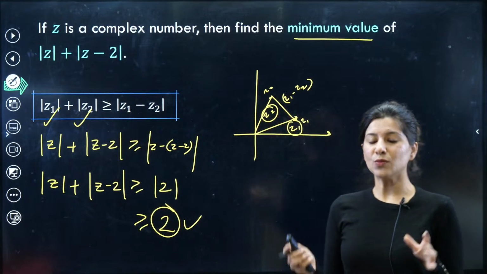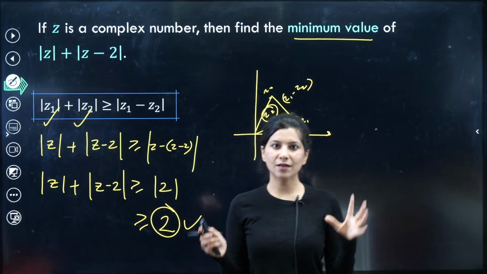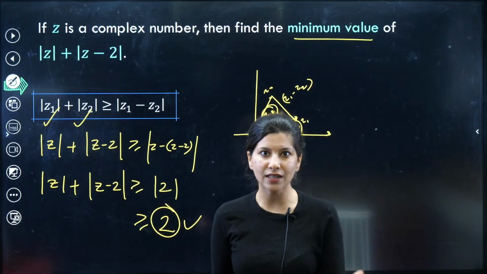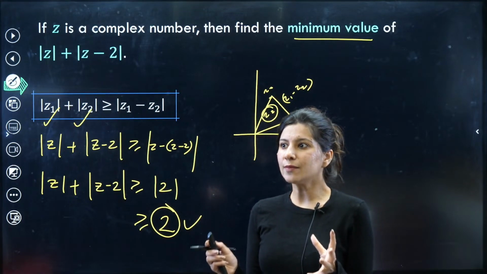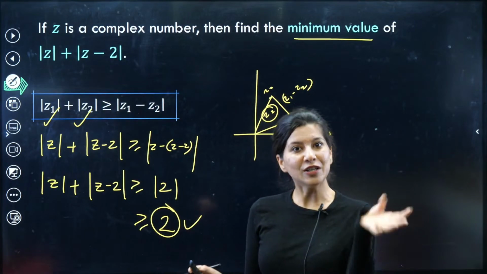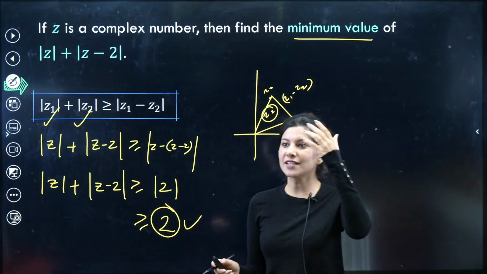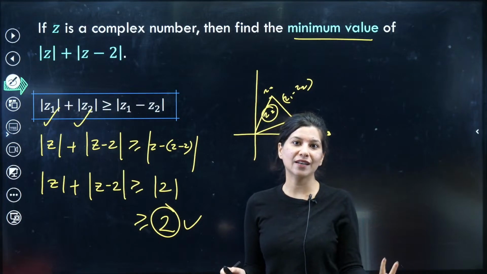So sometimes what happens is, there are a few concepts in mathematics which, when you study them, you will feel, oh, these concepts are extremely difficult. And I agree. When you study, you will wonder why we are even studying it. It is so difficult, it is not getting into my brain.